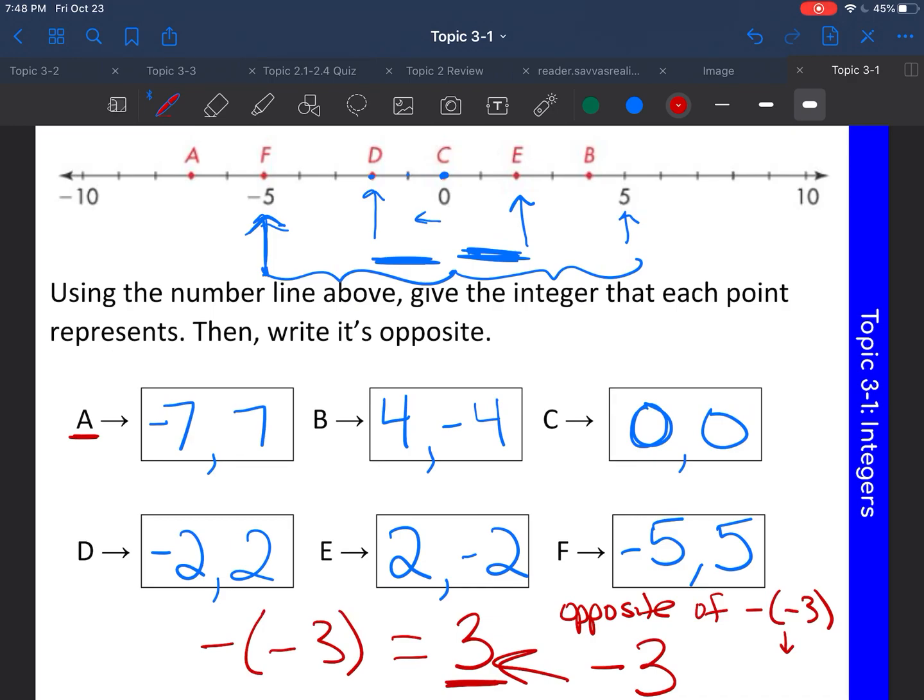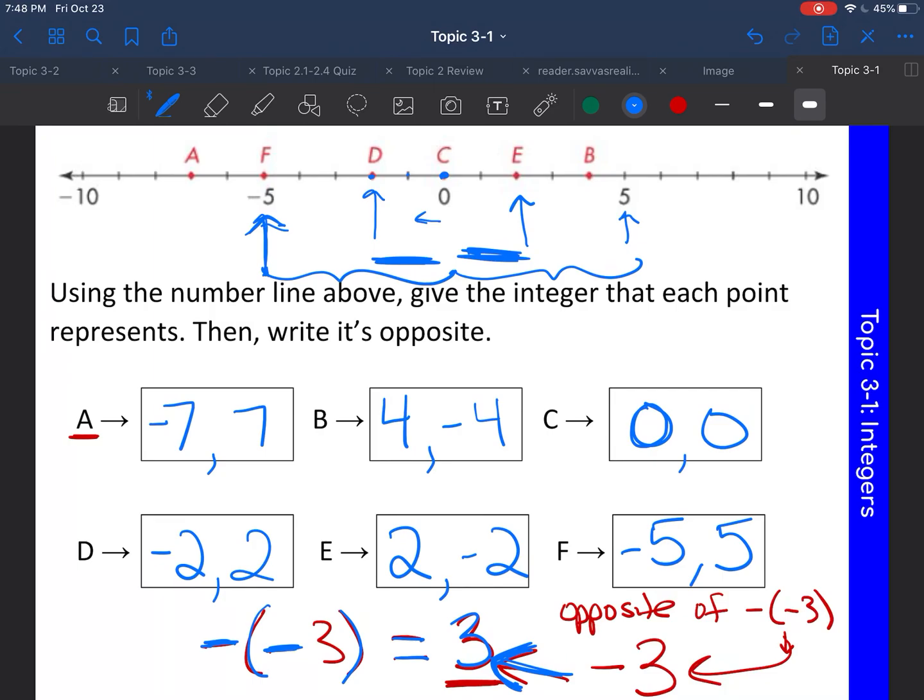So the opposite of -(-3) is -3. That's a little tricky to understand, and I understand if you're like, wait, what? But just know that when you have a negative with another negative and they're multiplied together, it really just equals a positive. So then if we're taking the opposite, we're really just taking the opposite of this number, which is -3.